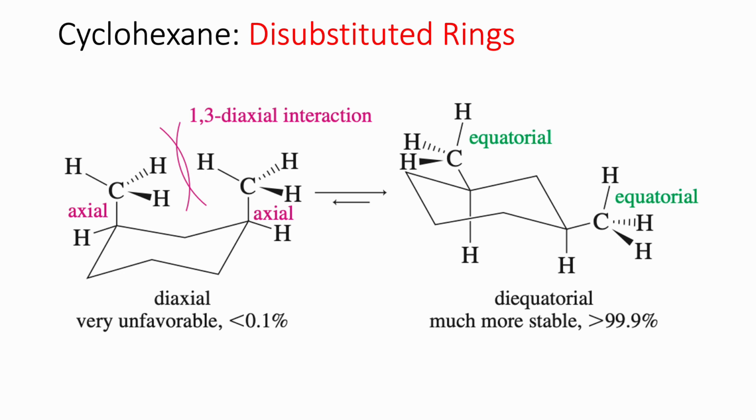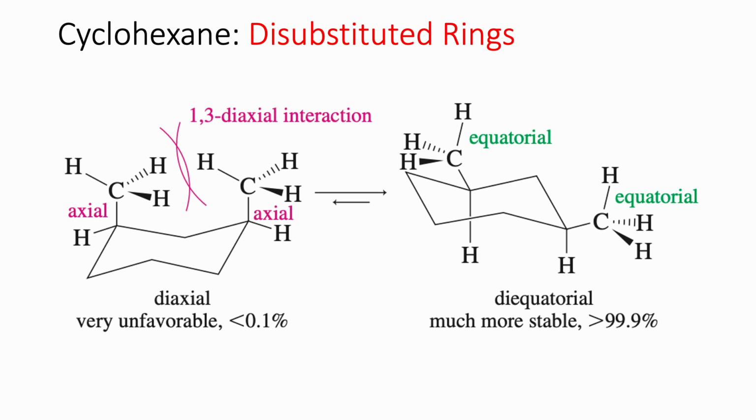And so depending on the position that they have on the ring, whether it's a 1,2 disubstituted ring and the groups are right next to each other, or a 1,3 or a 1,4, the cis and trans isomers can have different relative positions of equatorial and axial.